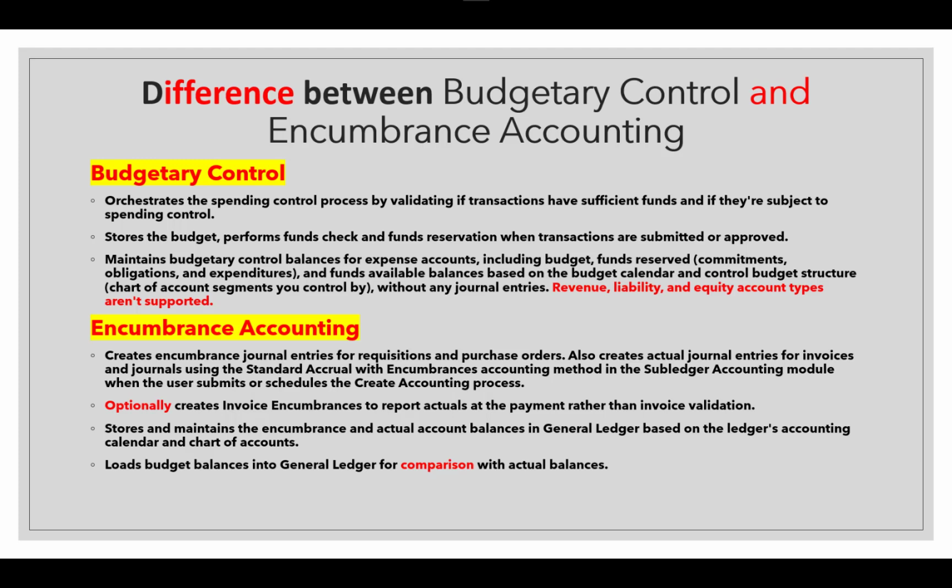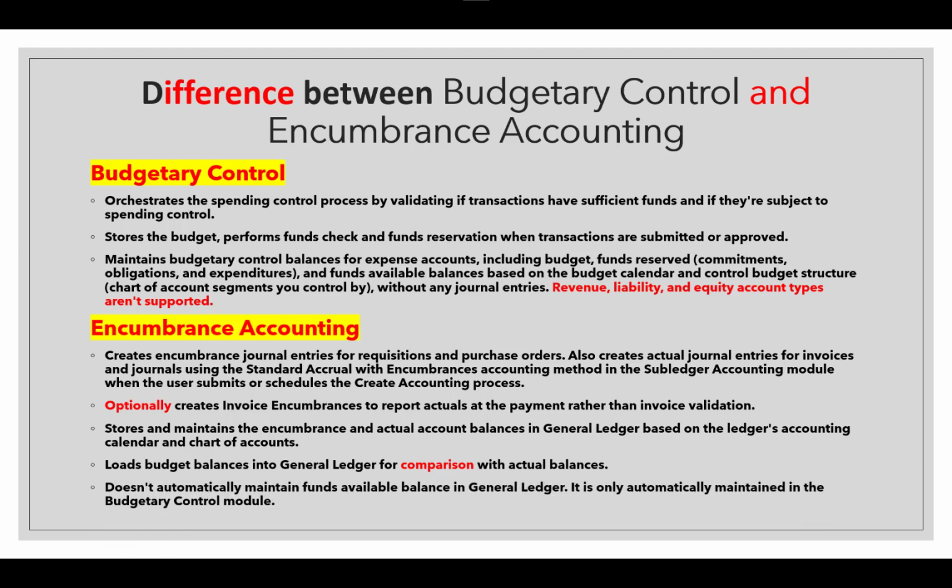If you need only budgetary reporting, without checking funds, failing funds, or restricting users from completing transactions, you can just upload the budget balances into GL to compare them with the actual balances registered during a period, a quarter, or a year.